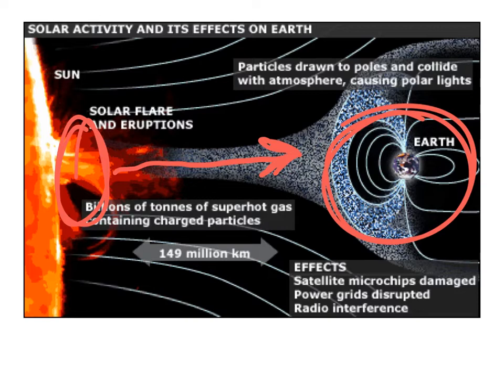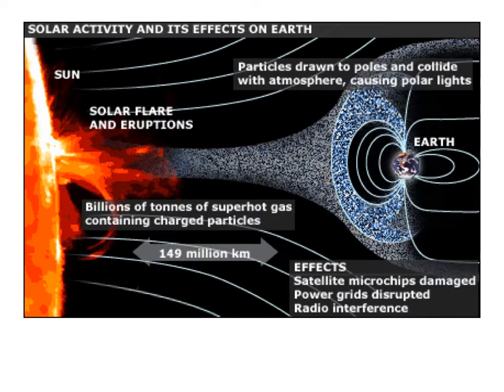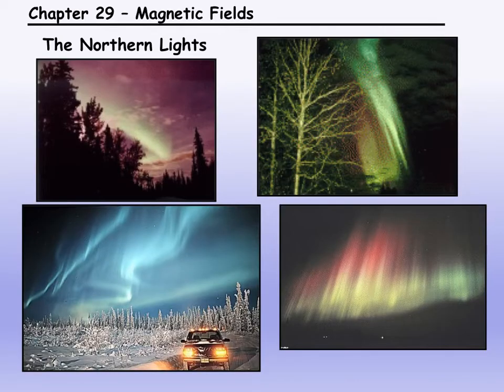But do notice that some of these particles do make their way into the Earth's atmosphere way up on the North Pole and the South Pole. And when they do, they will interact with the atmosphere. And some of you may have actually seen the effects of that. These charged particles from the sun.